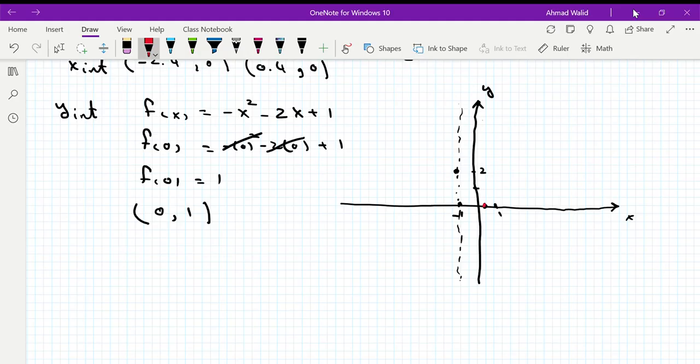If this is negative 1, this is negative 2, this is negative 3. Negative 2.4 will be somewhere here. And the y-intercept, 0, 1. Here, 0 and 1, the y-intercept. If you connect all these points, a nice curve. This is the graph of your function. That's it.